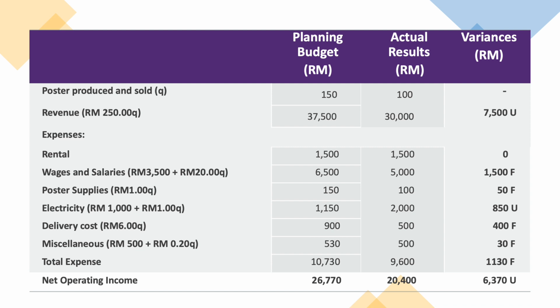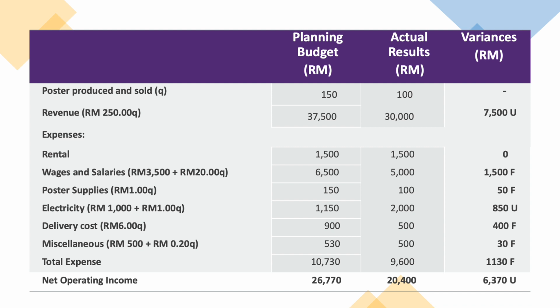Now, maybe you increase the sales price or whatever, and then your actual revenue will be 30,000. So if you compare between the planning budget 37,500 and the actual results of 30,000, you see a difference of 7,500. And you need to indicate whether it is a favorable difference or unfavorable difference.